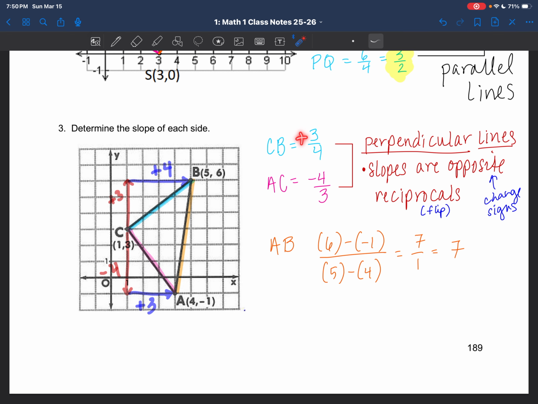This was a positive, we made it negative, and then we switched the order to put it as 4/3. So those two are perpendicular, which means it would make a right angle. All right, and then for AB, plug those points in, or you would go down 7 to the left 1, which will give you positive 7 over positive 1, which is 7.